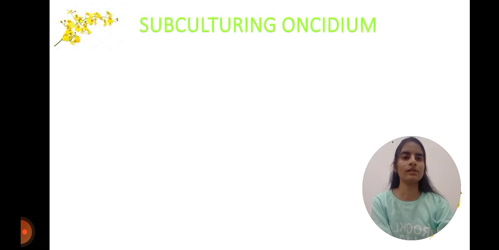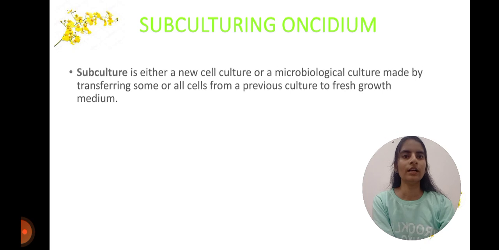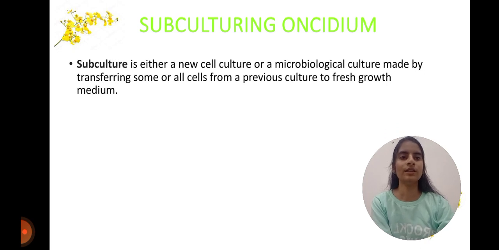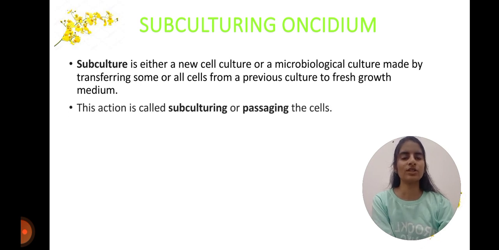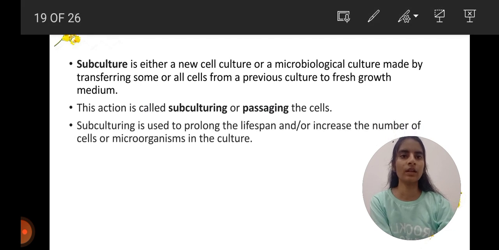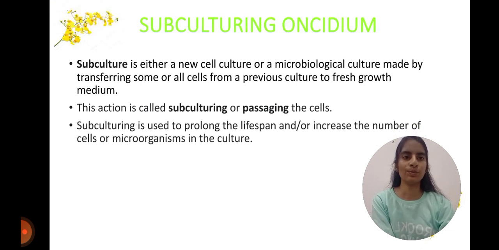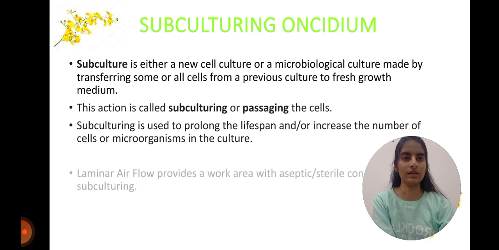And here comes the subculturing of Oncidium. Subculture is a new cell culture or microbiological culture made by transferring some or all cells from a previous culture to fresh culture medium. This action is called subculturing or passaging the cells. Subculturing is used to prolong the lifespan or to increase the number of cells or microorganisms in the culture.